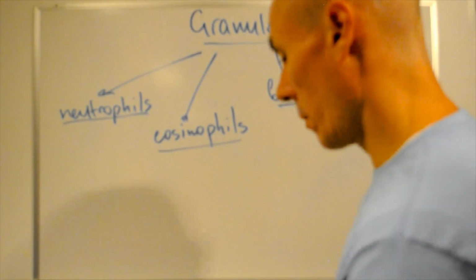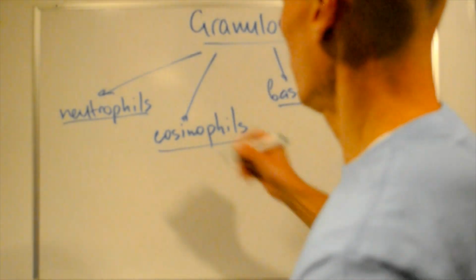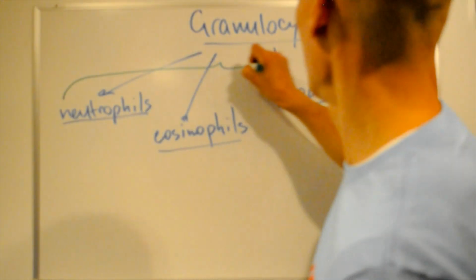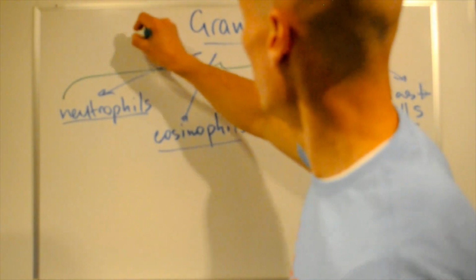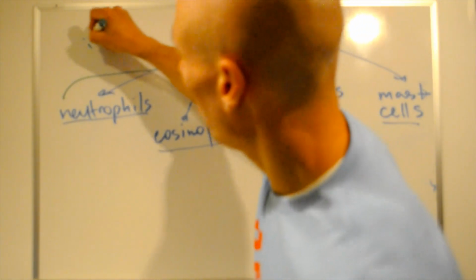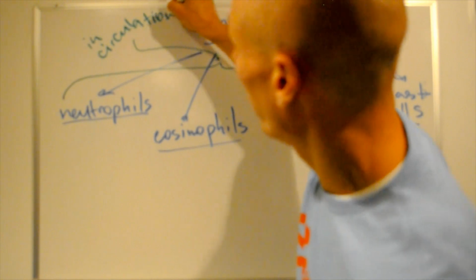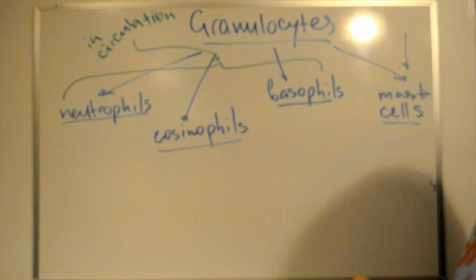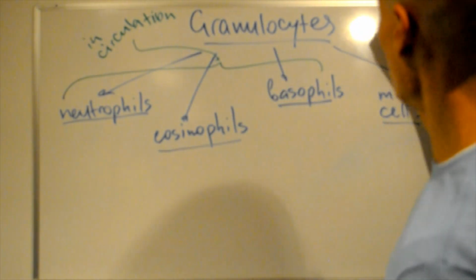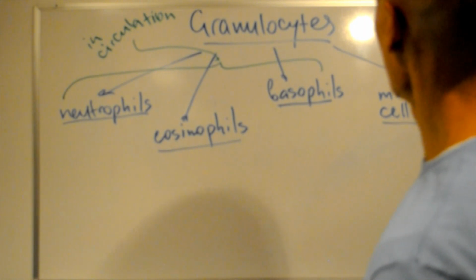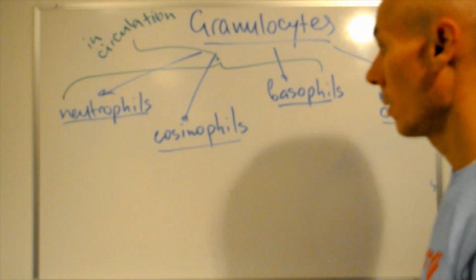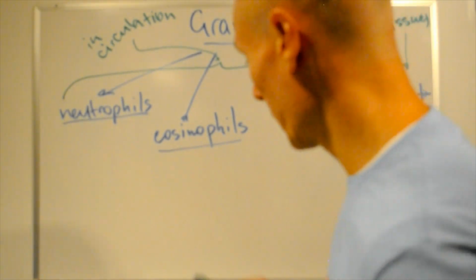So these three types of cells here reside in the circulation. They are in the blood. Mast cells are in tissues. The functions.